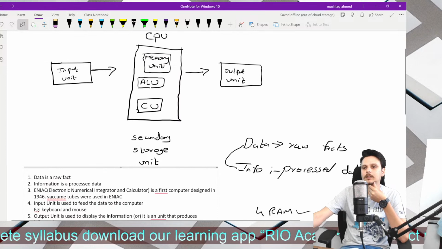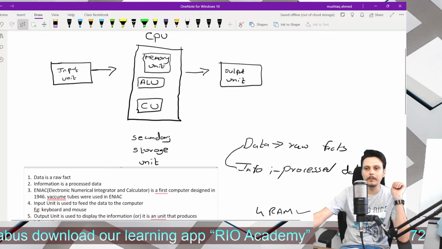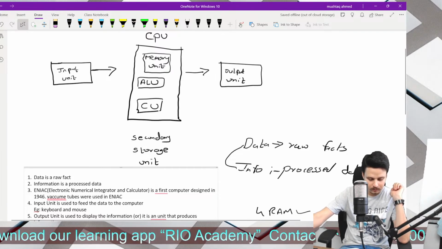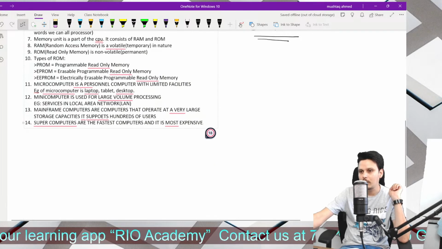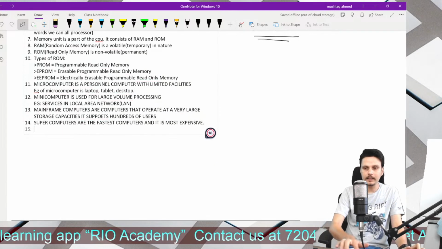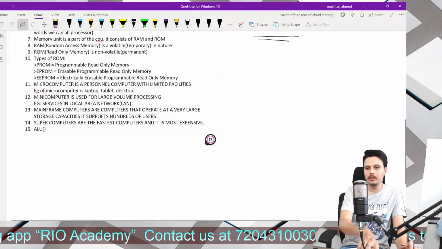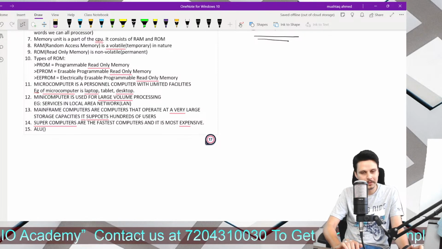So next is the arithmetic and logic unit. I haven't explained this. Arithmetic and logic unit and the control unit. In short, we call it ALU, that is arithmetic and logic unit. You may get a question like expand ALU. They will give 4 options.